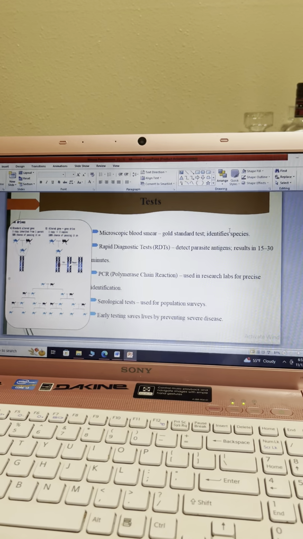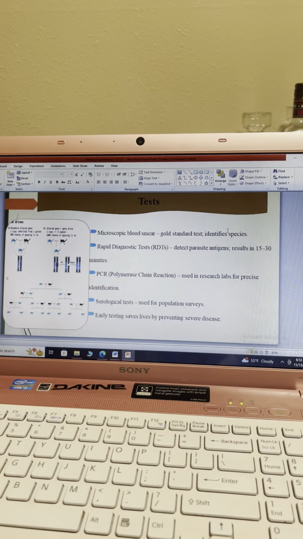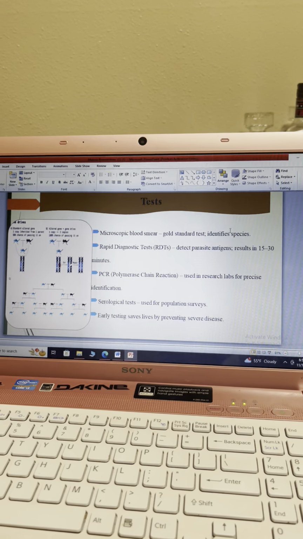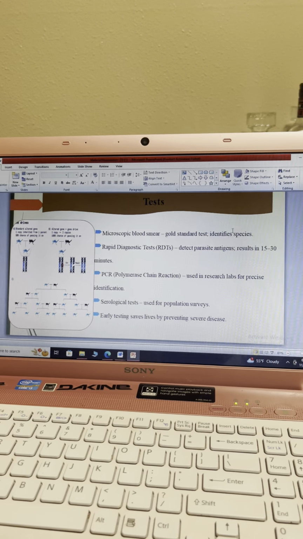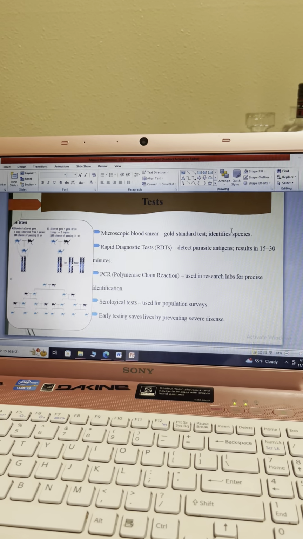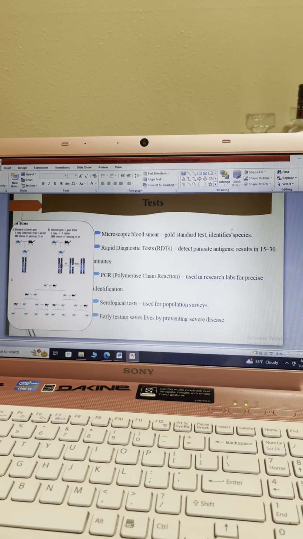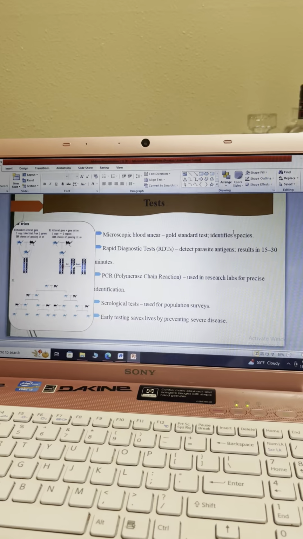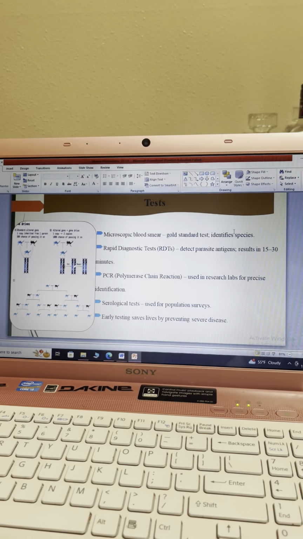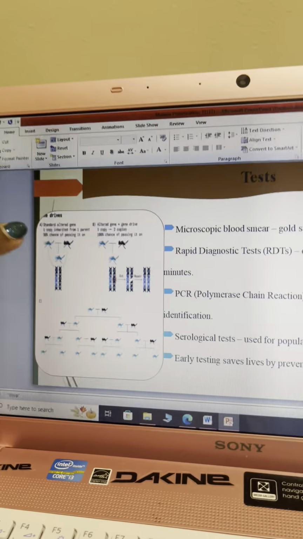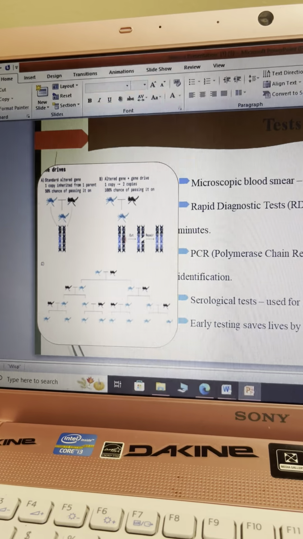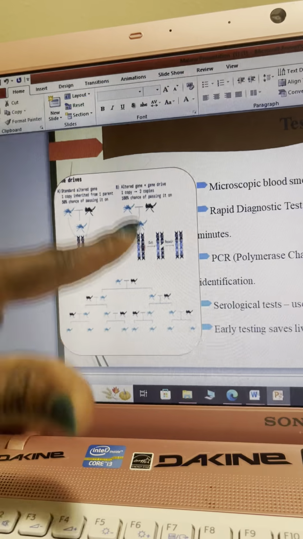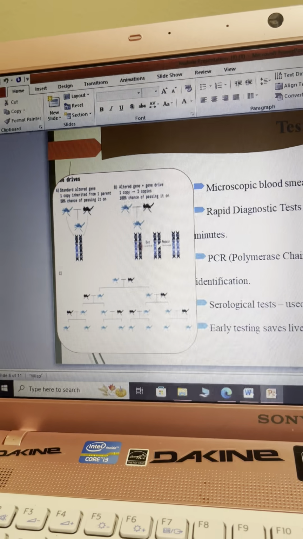PCR, polymerase chain reaction, is used in research labs for precise identification. Serological tests are used for population surveys. Early testing can help save lives by preventing severe disease progression. Again on my left, I have a sample of a microscopic blood smear and the results that have been obtained.